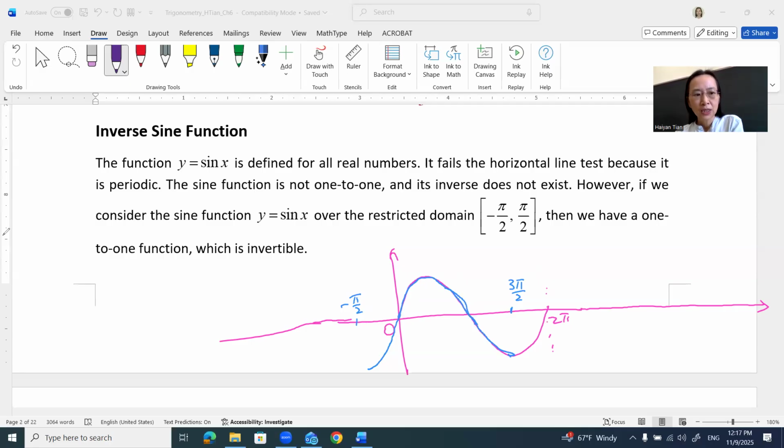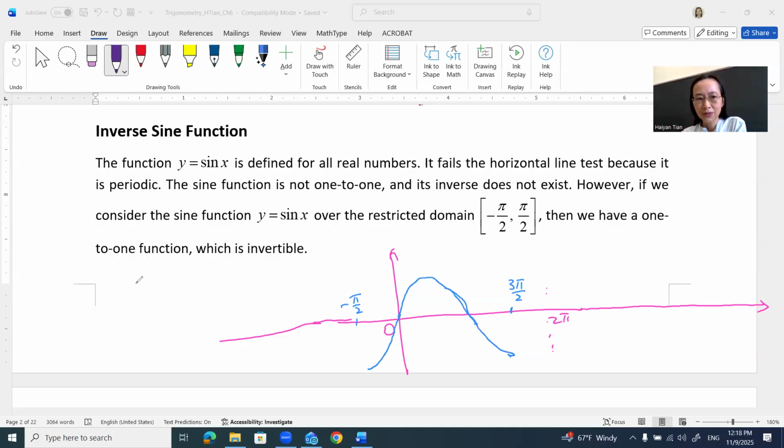Let's look at this one period. On this interval, it is still not one-to-one, because it's one complete cycle of the sine function, and easily you can use a horizontal line test.